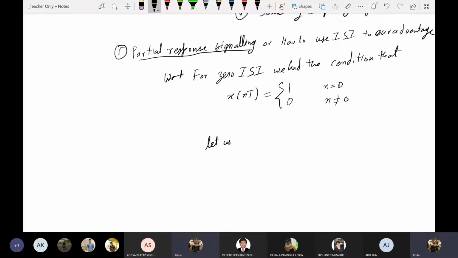let us relax this condition and manually introduce some ISI.